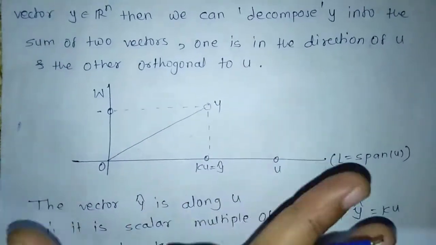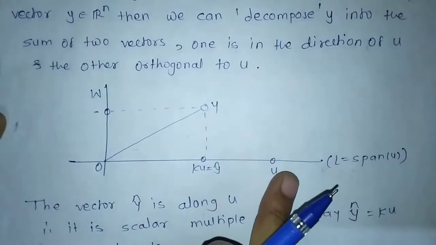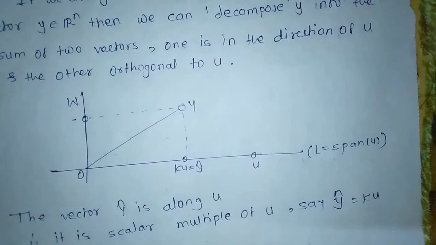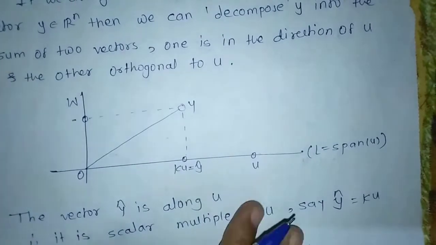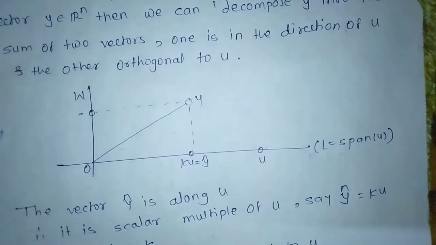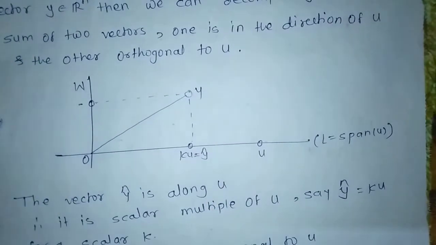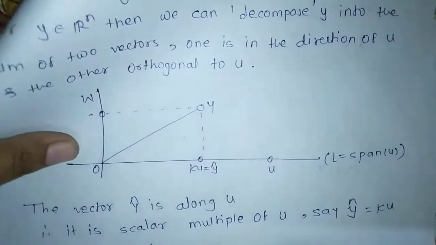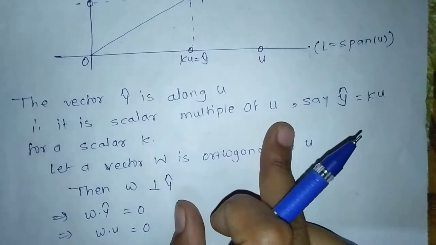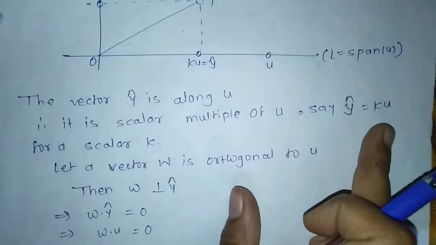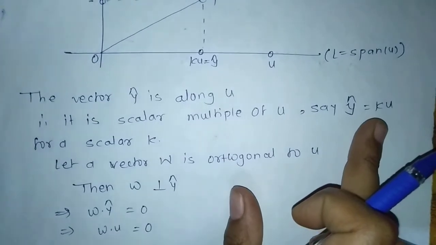Here the diagram shows that w is orthogonal to u, meaning u into w is equal to 0, and ku is in the direction of u. The vector y cap is along u, meaning it is in the direction of u. Therefore it is a scalar multiple of u, because it is along u.